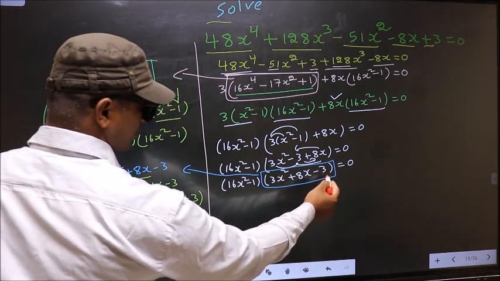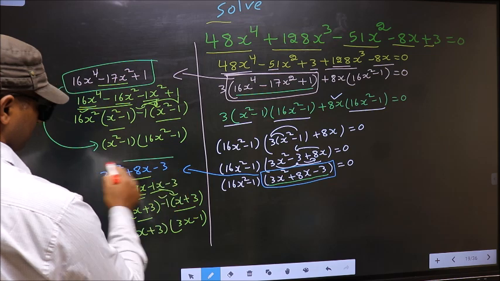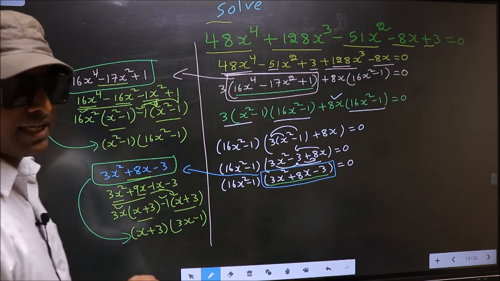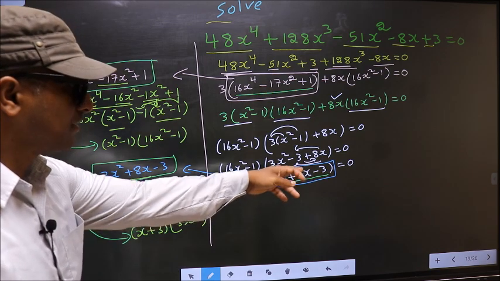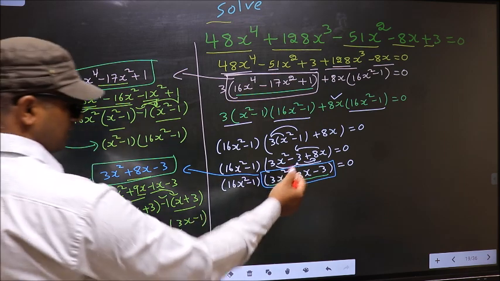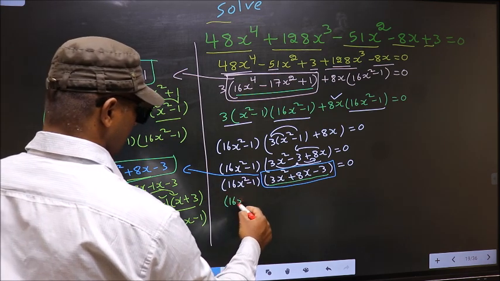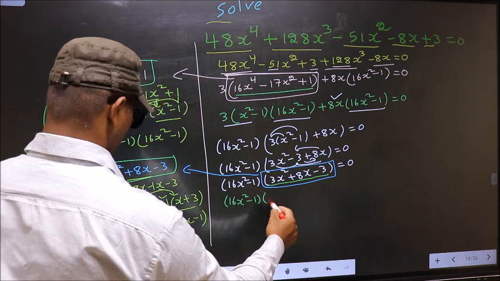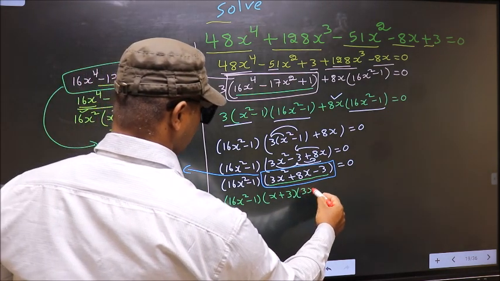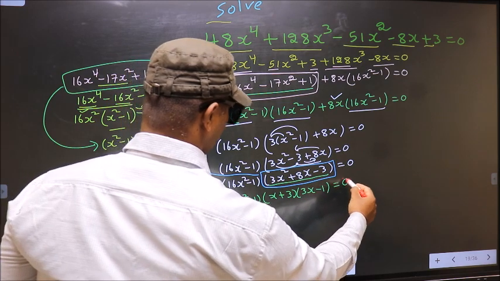Now in place of this quadratic, we replace this. I repeat, in place of this quadratic, we replace this. So this equation becomes 16x square minus 1, x plus 3, 3x minus 1, equal to 0.